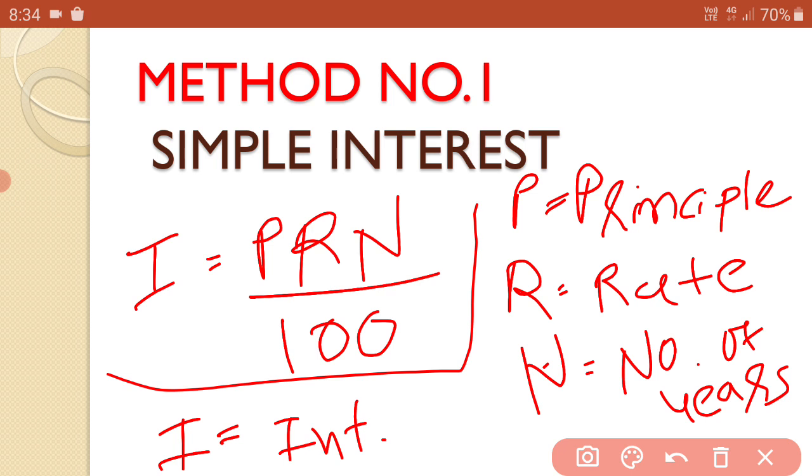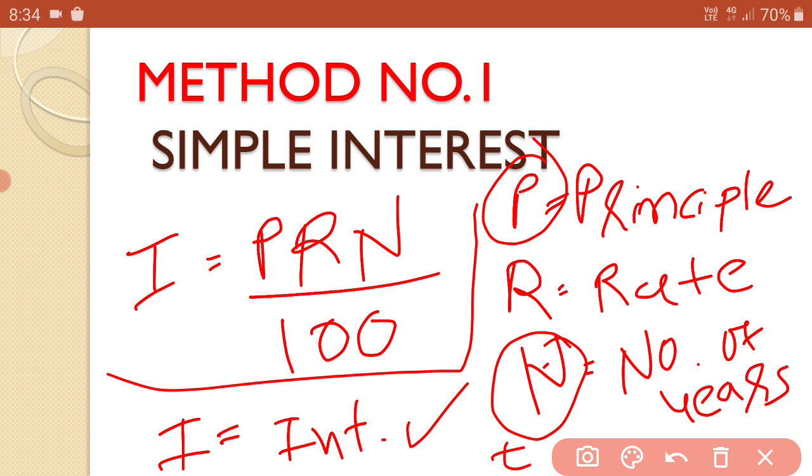The simple interest I, at the rate of R per annum on principal P for a period of n years, some call it T for time, is given by the formula I is equal to PRN upon 100.